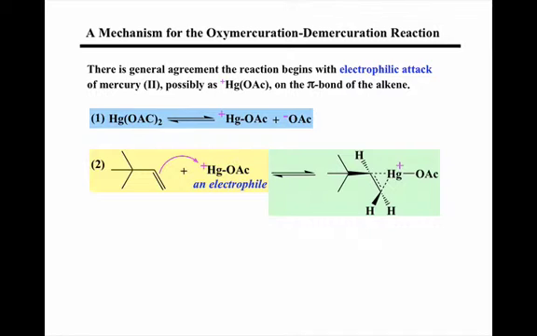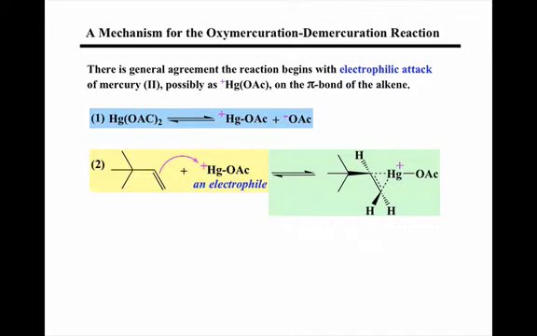Ain't a carbocation. I'm using a little bad language here, right? Ain't. And where is the cation character? It's on the metal. It's on the mercury, right? So can it rearrange? No, it cannot, right? It cannot rearrange. And so no carbocation, no rearrangement. Mercury's our savior here, right?